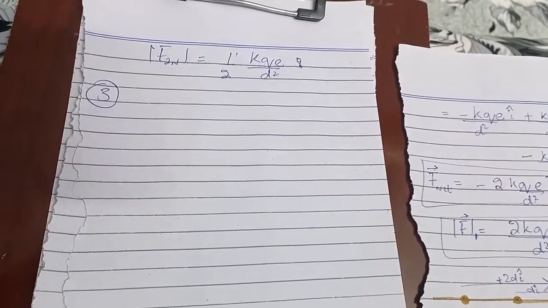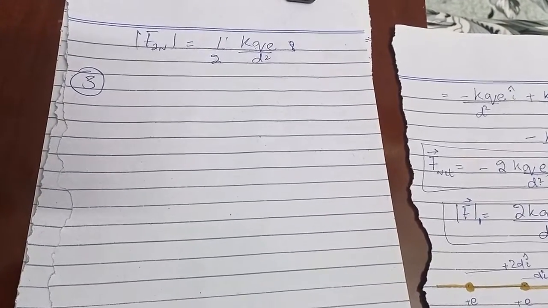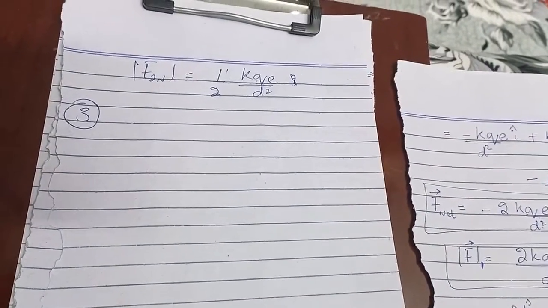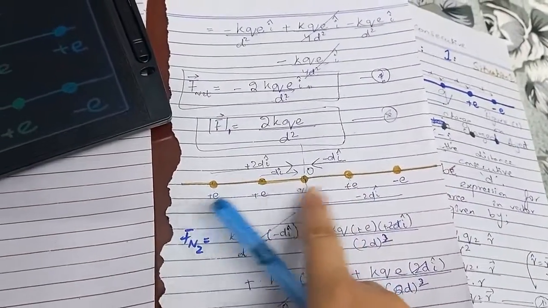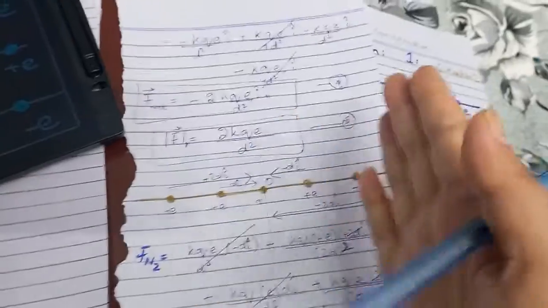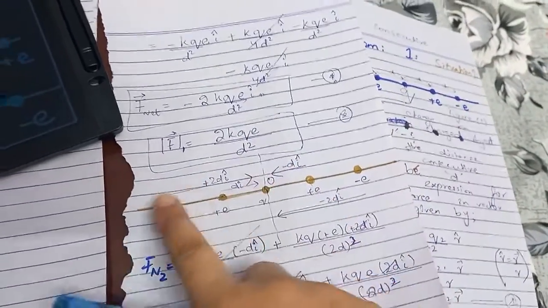You can see how easily we are doing it, and I think I don't need to draw the diagram again and again, because we now know the vectors are the same: the right vectors are negative and the left vectors are positive, so simple.